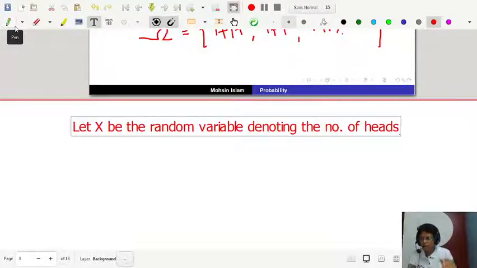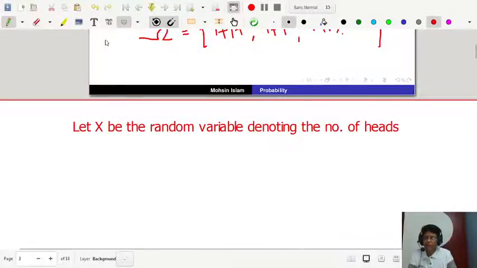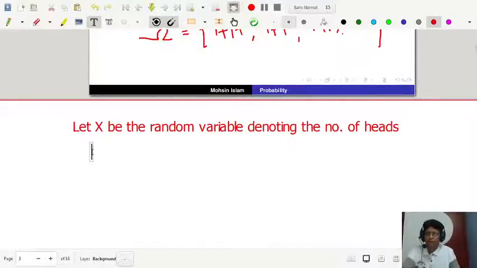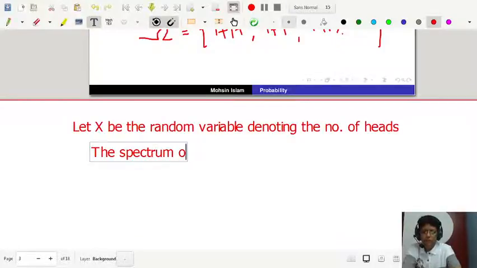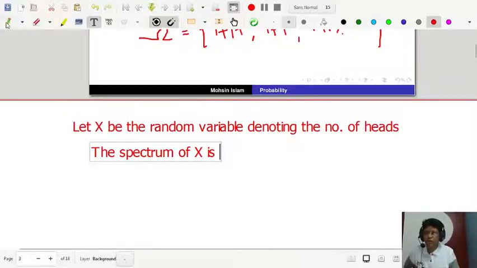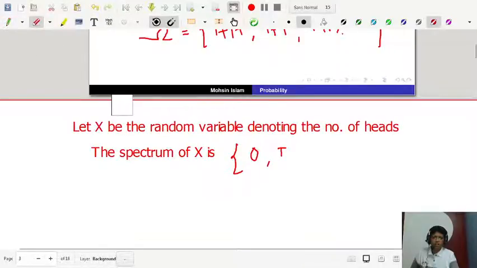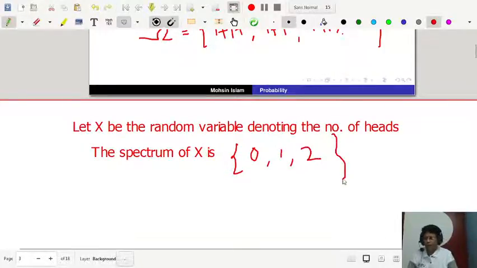Here X is the random variable denoting the number of heads. Then the spectrum of X is 0, 1, 2, right? Because you can have 0 heads, 1 head, or 2 heads. So these are the possibilities, and 0, 1, 2 is the spectrum of the random variable.